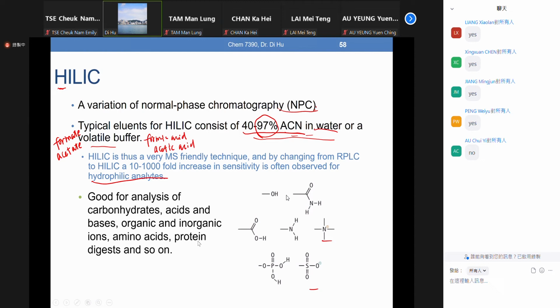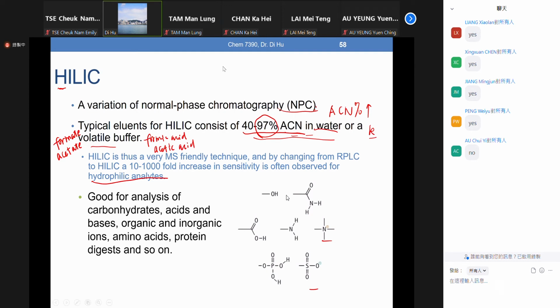Okay. And I have one question. Here you see the mobile phase can be 40 to 97% of ACN. If the ACN percentage increases in the mobile phase, does that increase the retention factor K or decrease K in HILIC?